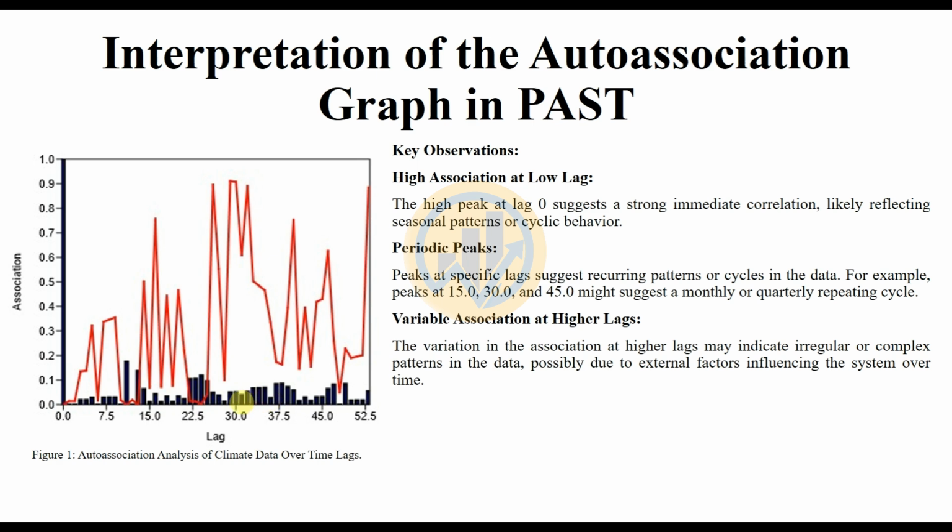For example, peaks at 15, 30 and 45 may suggest a monthly or quarterly repeating cycle.